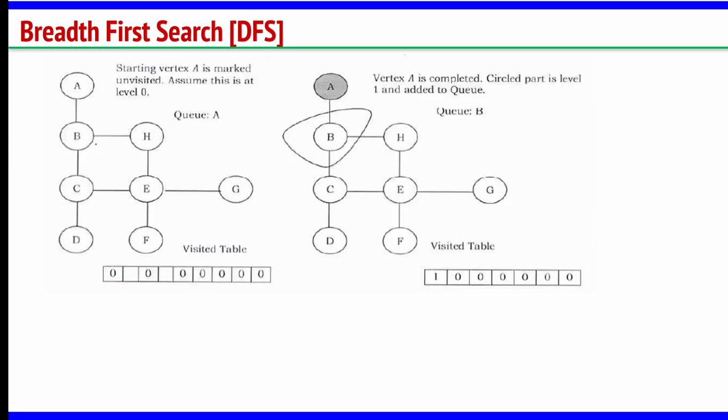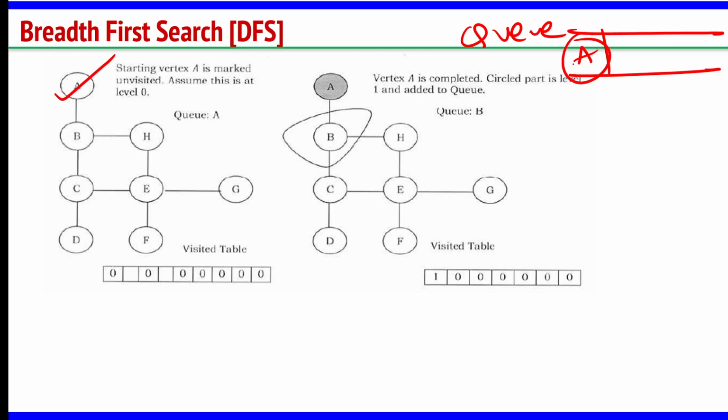See, this is the case. My queue will be empty. So, I will insert A into the queue and I will visit it. Then which node is the child of A? How will I know the children of A? I think you are aware of this.